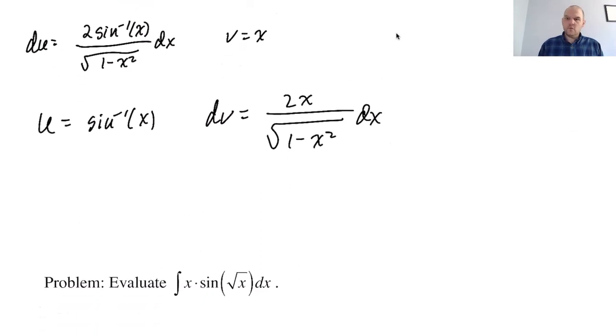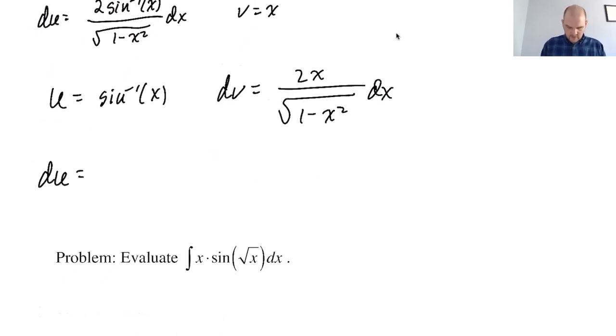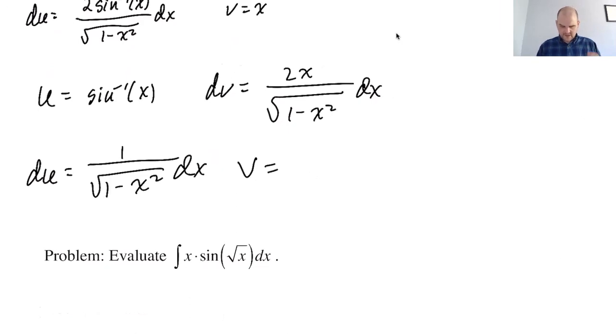So du is going to be 1 over the square root of 1 minus x squared dx. And then v, all right, let's think. It should have been negative 2x in the top, so I need a negative.